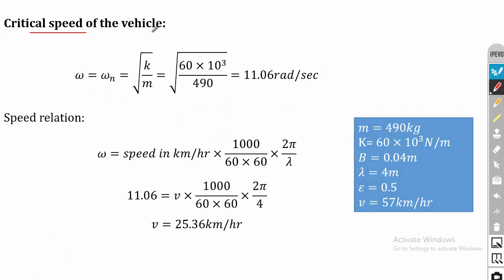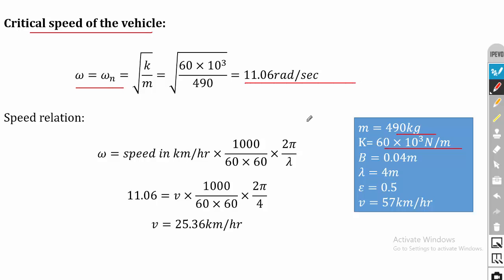We know that the critical speed means omega is equal to omega n. Further, omega n is equal to root of k by m, and in the problem the k value and m value are given. So you can substitute them and calculate the value of the critical speed of the vehicle.